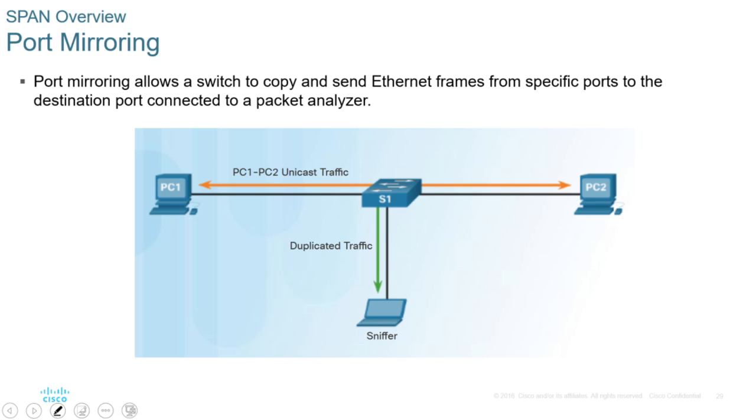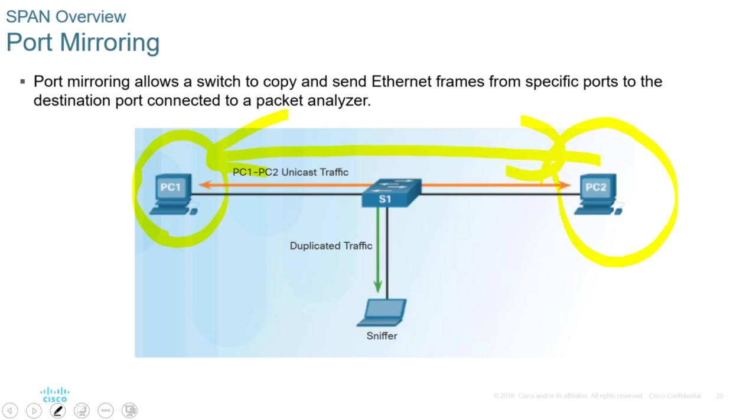Usually, say in our network, the communication is between these two devices. Then we can additionally in our switch set up a third device that will receive a copy of all the traffic going through there, and we can monitor that.